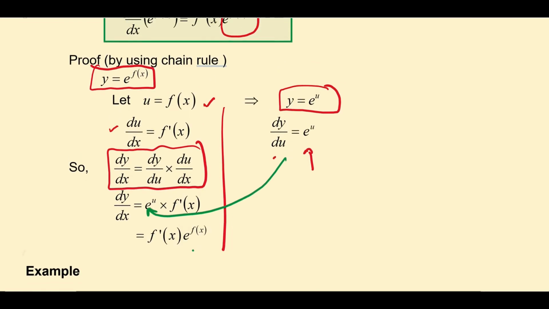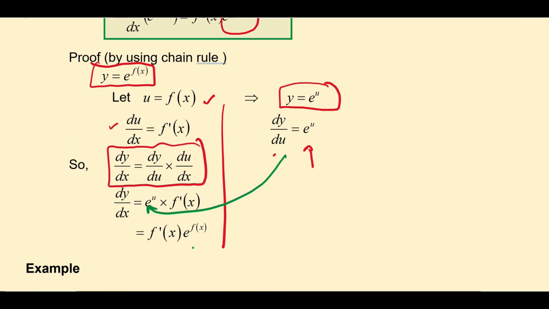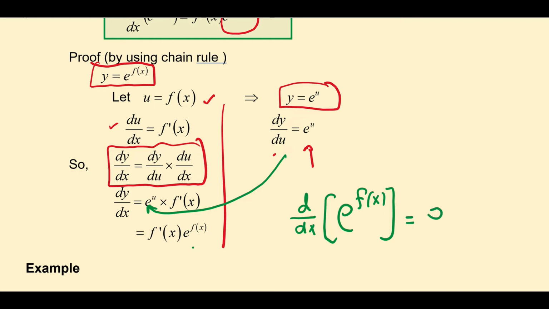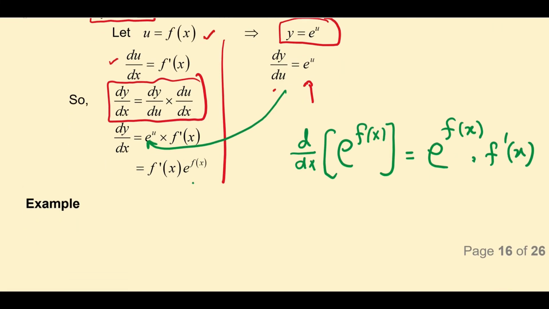So the conclusion is, when you differentiate any function e to the power of f(x), you need to copy e to the power of f(x), then you need to differentiate the function f(x), that is f'(x). Okay?